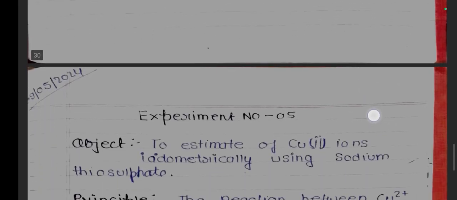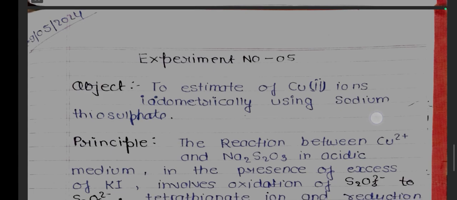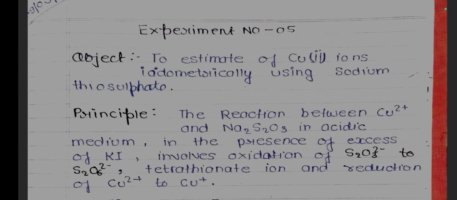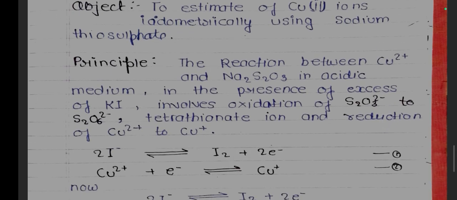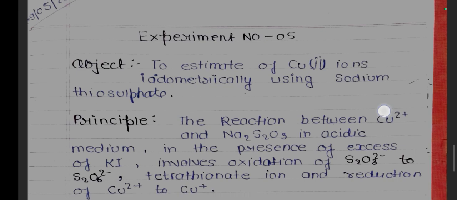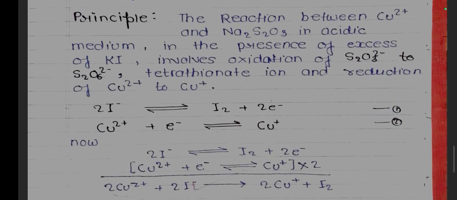And the next, fifth experiment, is to estimate copper ions iodometrically using sodium thiosulfate titration with iodine, that is called iodometry. There are two: first is iodimetry, and the second is iodometry.